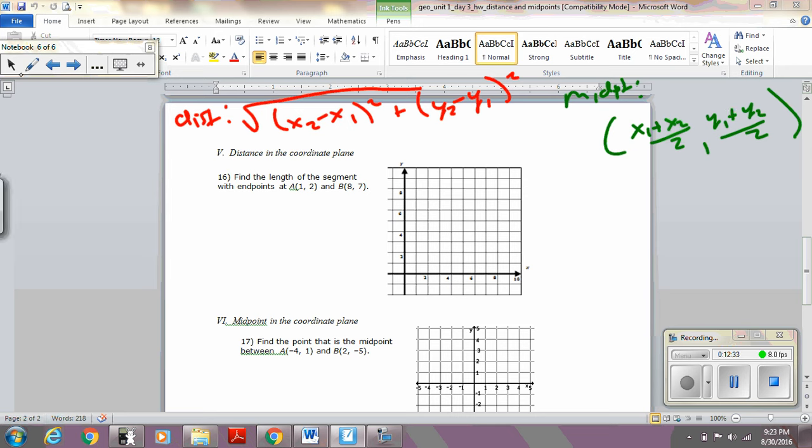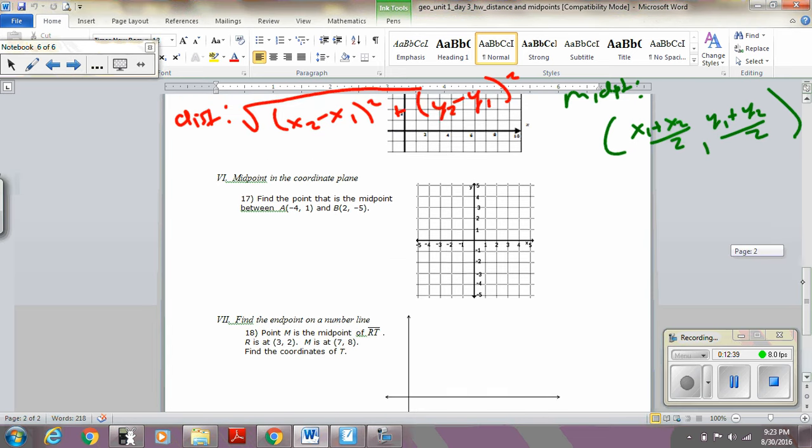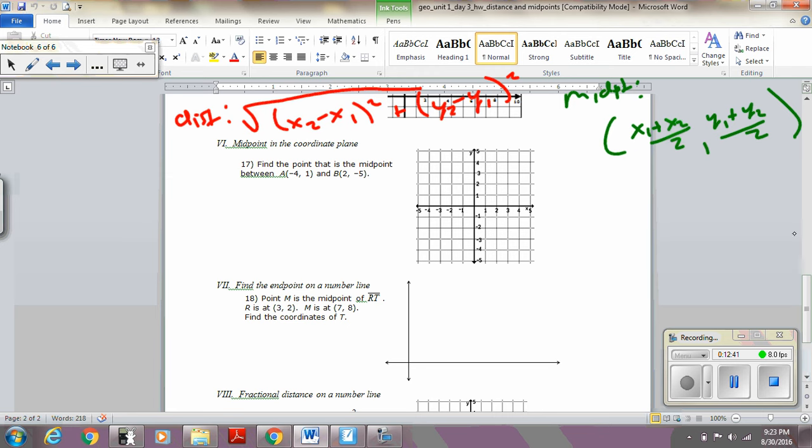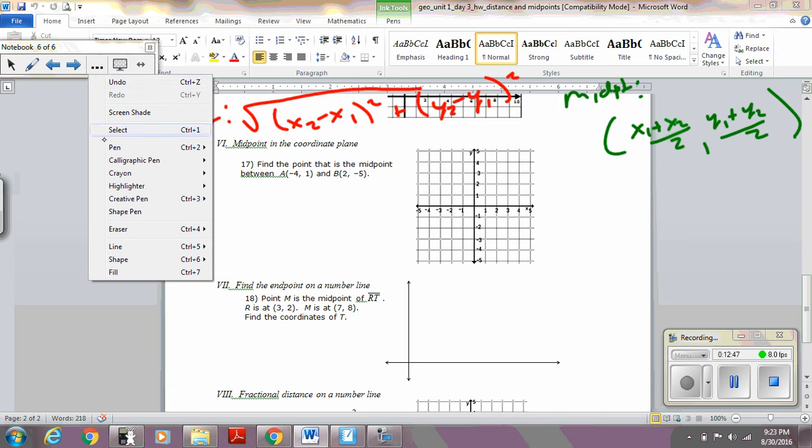Now on number 17, the one I'll help you work out, they're only asking for the midpoint. So we're going to use the formula.